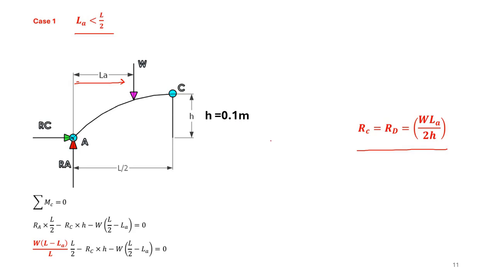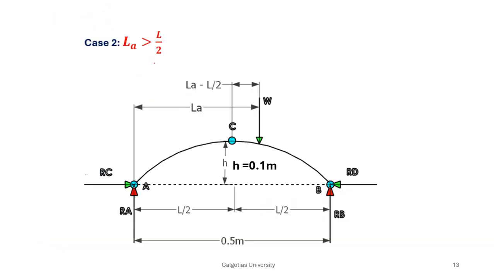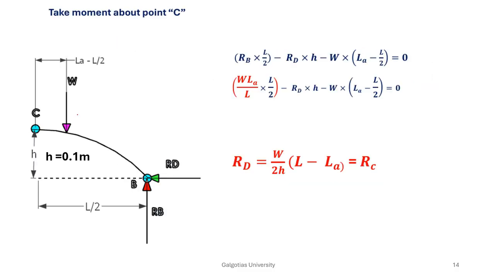Similarly, you take the next case where you have LA greater than L by 2. You can see that the weight W is applied at this location, at the distance LA, and this distance is LA minus L by 2. From this you cut the left half and write the equilibrium equations.